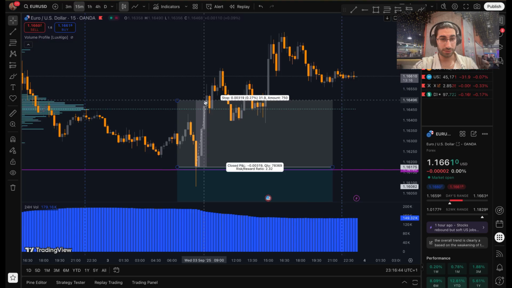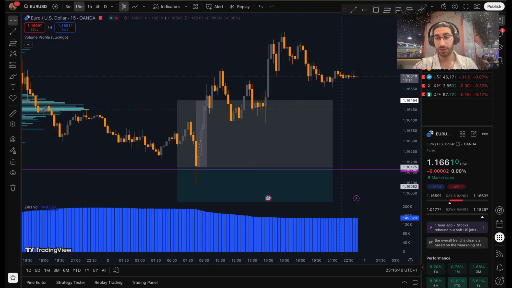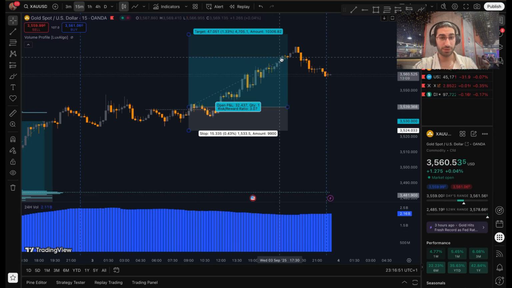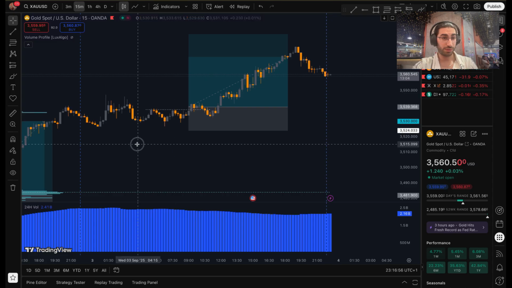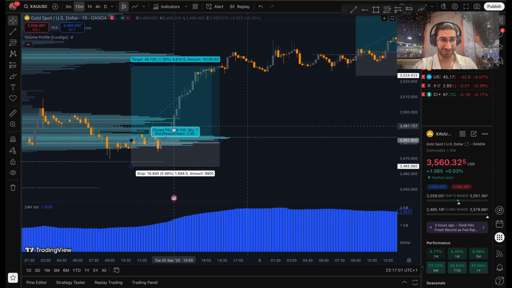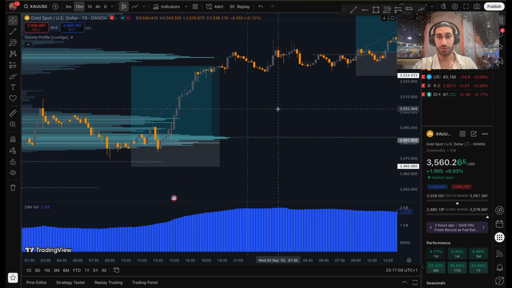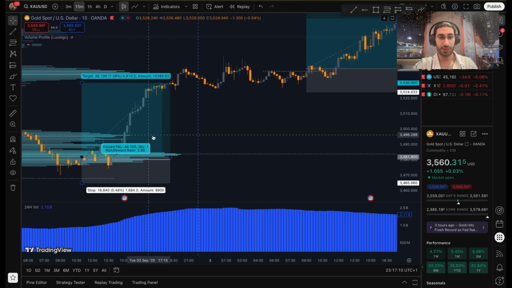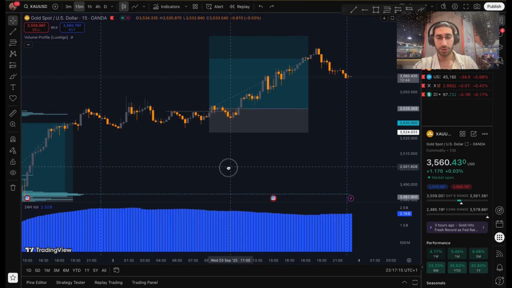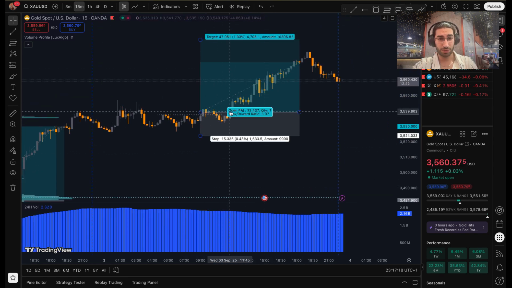The moment I got taken out of this trade, I took another position here on XAU USD that seemed to perform favorably in my direction, and it was kind of the exact same trade I took the day before, and that one I already showed you how I took it in the previous videos. So what you see here is a simple long.